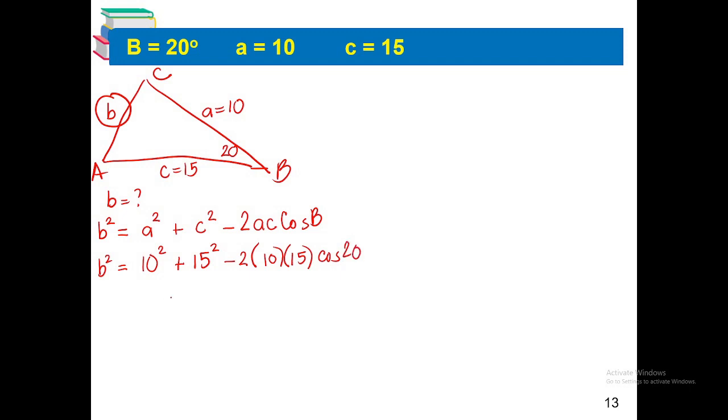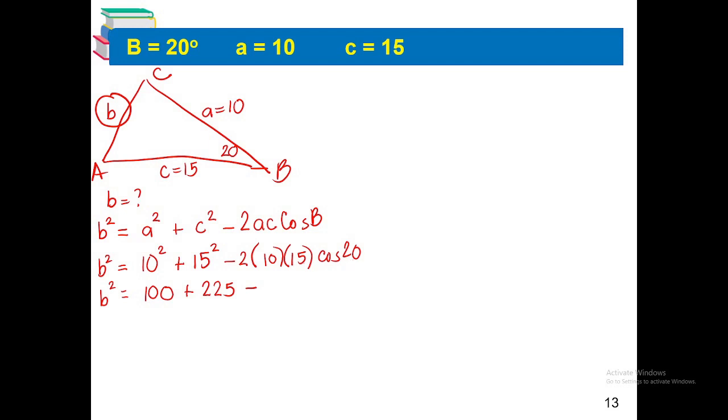Let's simplify. 10 squared is 100. 15 squared is 225. Minus 2 times 10 times 15 times cosine 20.